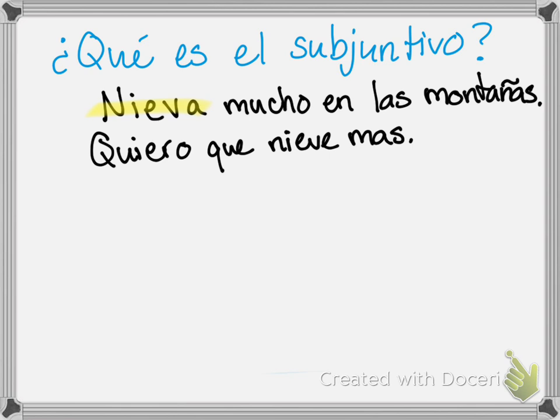I wish it would snow more, or I want it to snow more. It could be translated in either one of those. Quiero que nieve más. So if I look at this, nieva becomes nieve. My A changed to an E. Nieva mucho, quiero que nieve más. Got my accent on más.